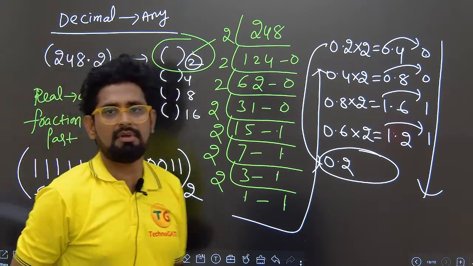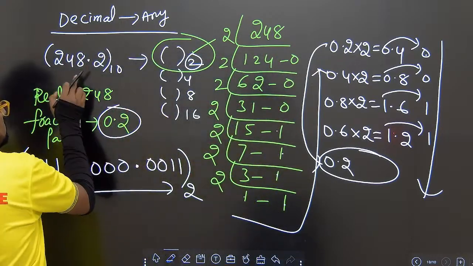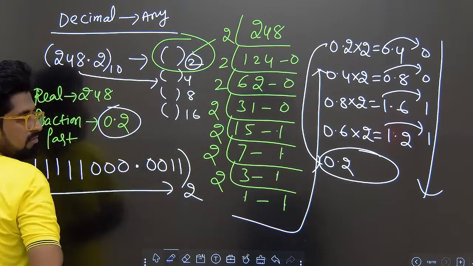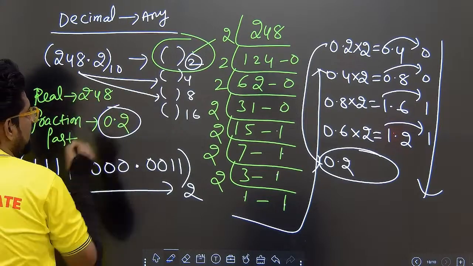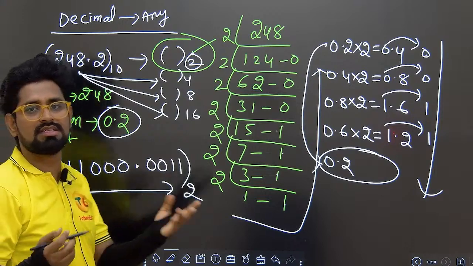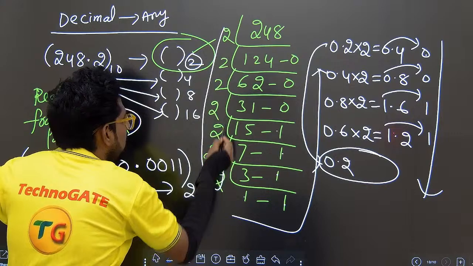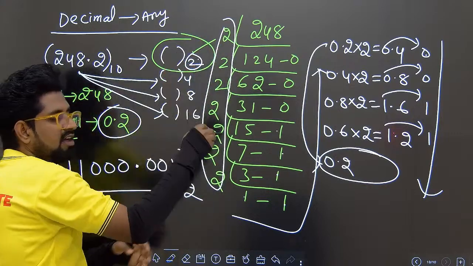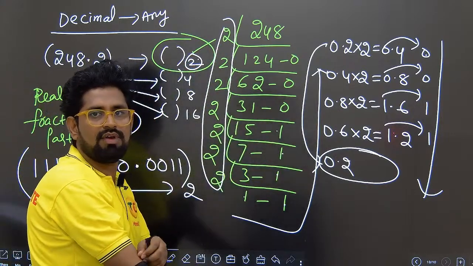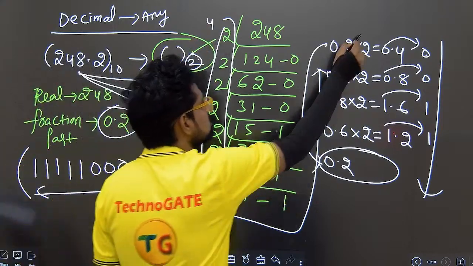For your homework assignment, take the same question and convert to 4, the same question convert to 8, the same question convert to 16. What are the changes here? The division previously we did with 2 because we were converting into 2. Now if we are converting into 4, the division and the multiplication should happen with 4.